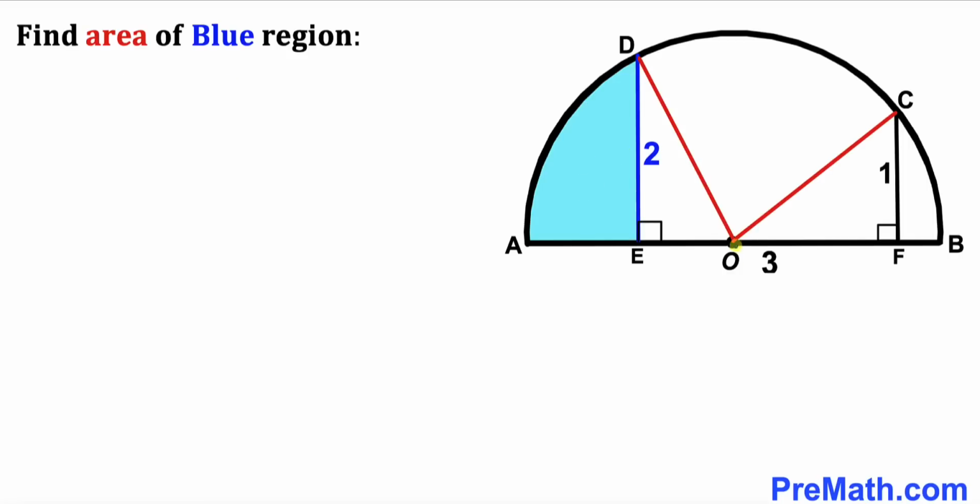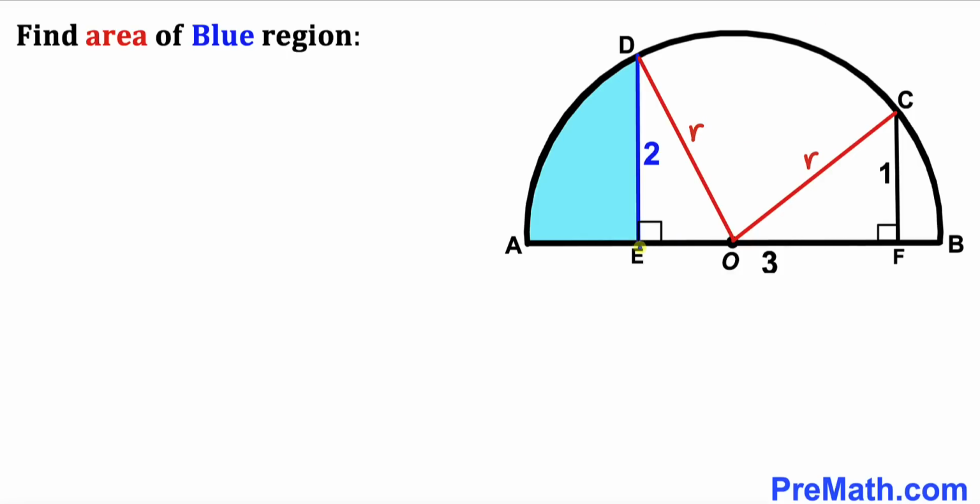So I have connected this center O with these points C and D. As a result, we got these radii, this radius OC and this other radius OD. Let me label this radius as lowercase r and this radius lowercase r as well.